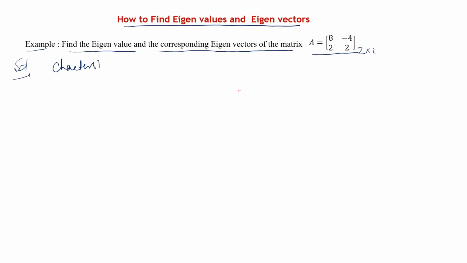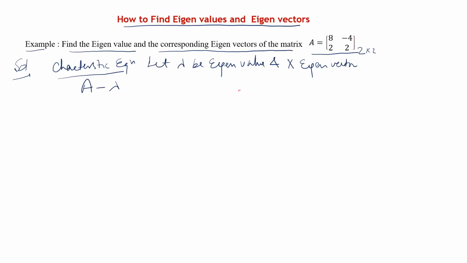Here let lambda be the eigenvalue, and capital X the eigenvector. So we write determinant of A minus lambda I is equal to 0. This is the characteristic equation. Here we have to find the lambda.